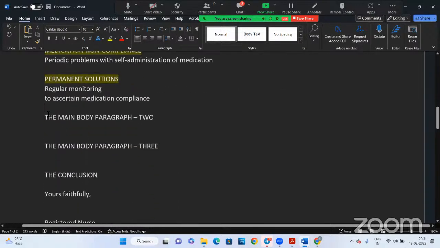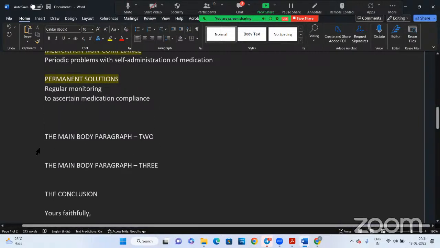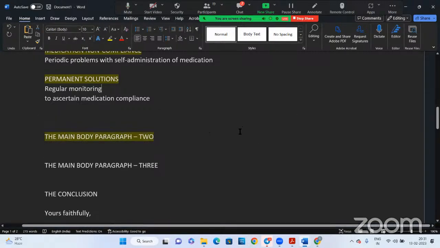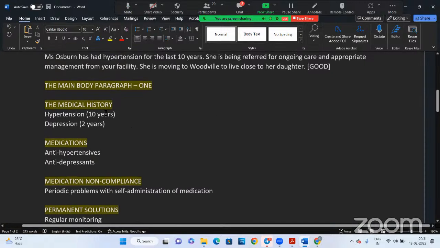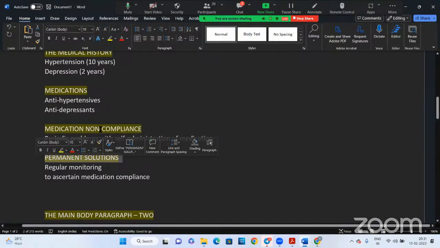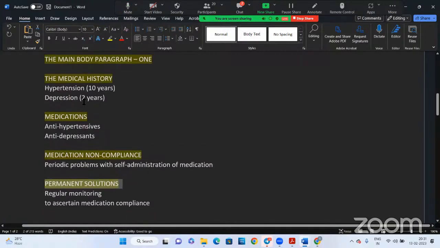The next one, body paragraph 2. So let us separate this one. Now in body paragraph 2, what do we have? So we have 4 things: medical history, the medications, medication non-compliance, and permanent solutions to achieve medication compliance. So these are related. She is taking these medications, but she has problems taking them, so she is non-compliant.